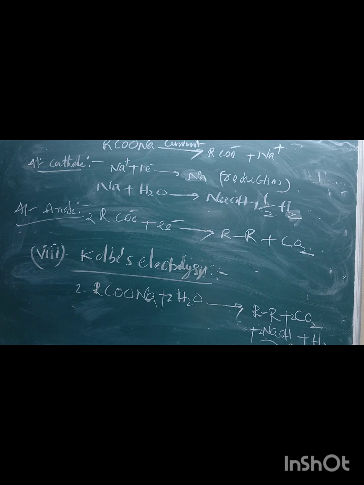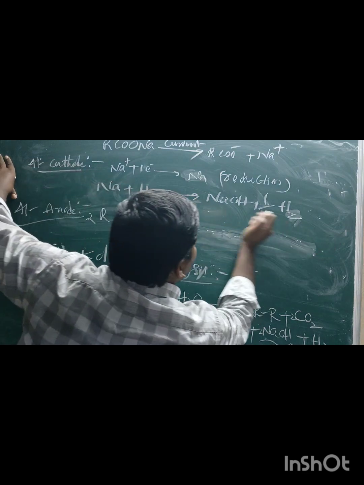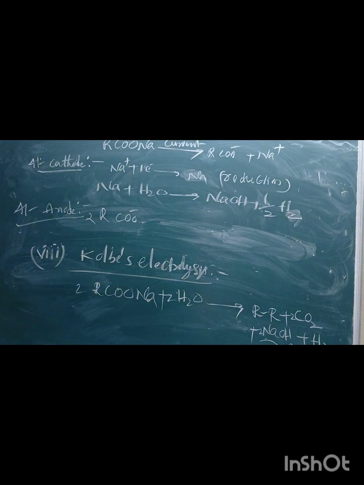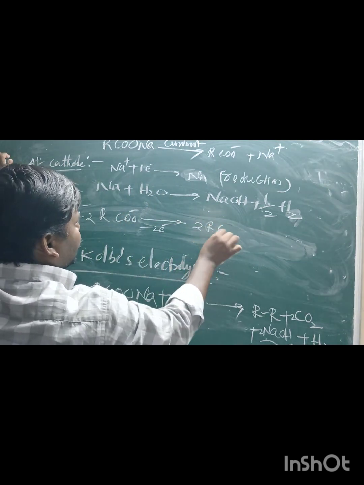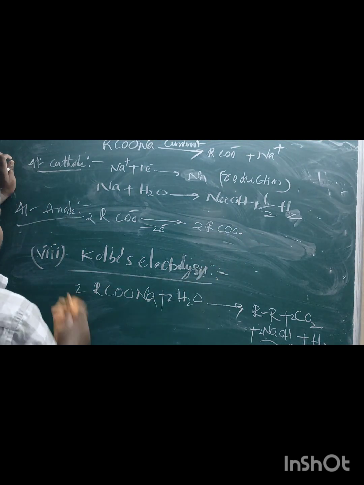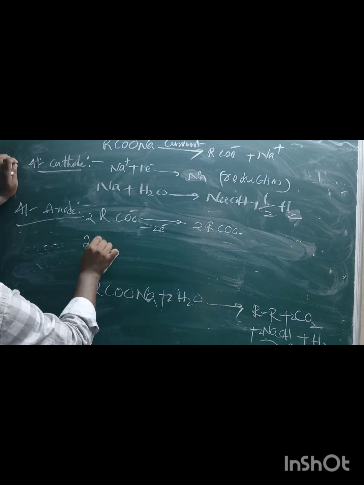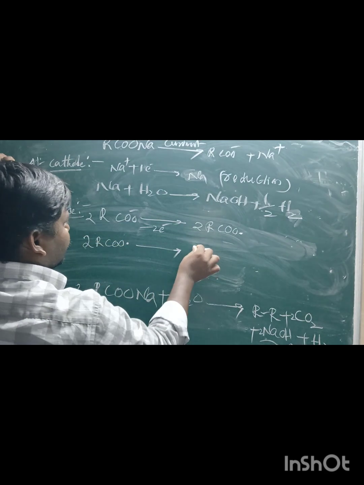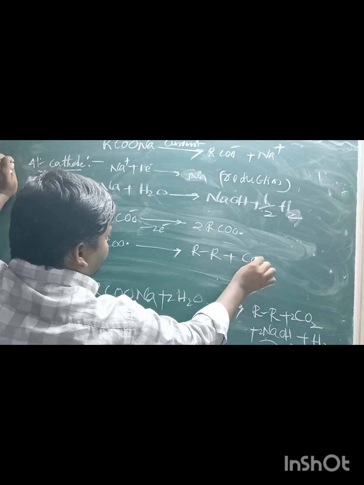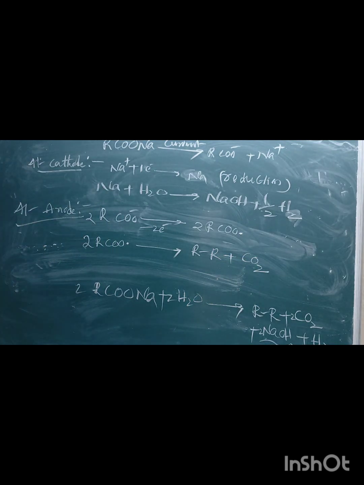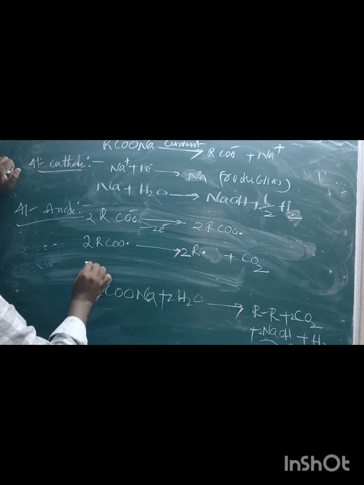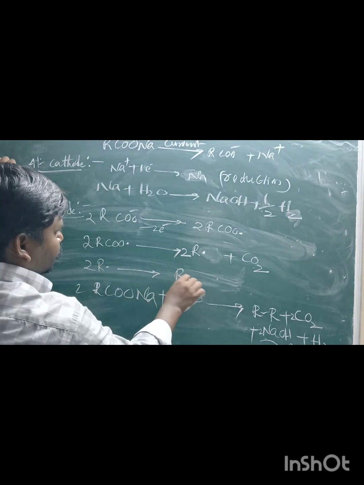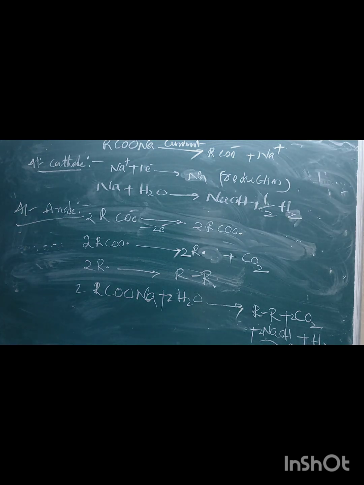Loss of electrons forms RCOO free radicals, which can be converted further. This is the mechanism.